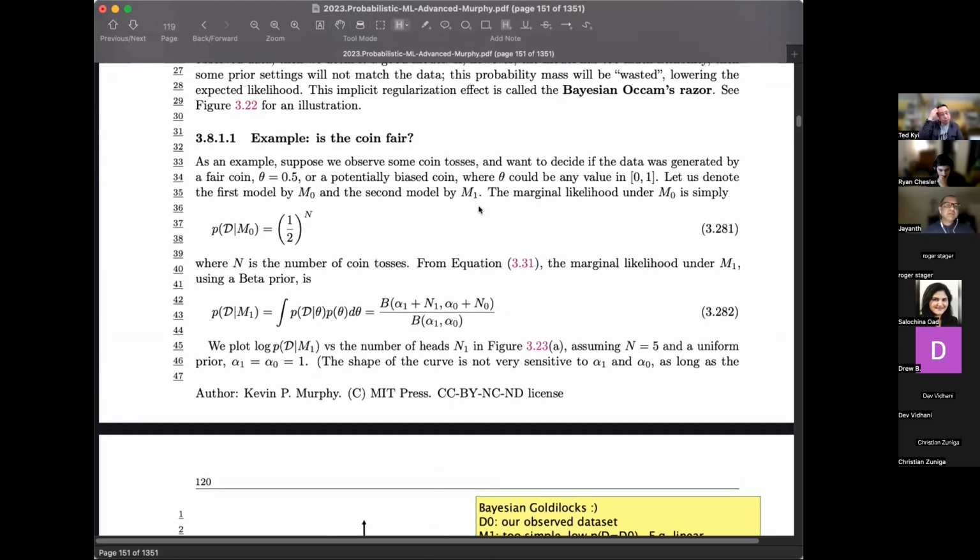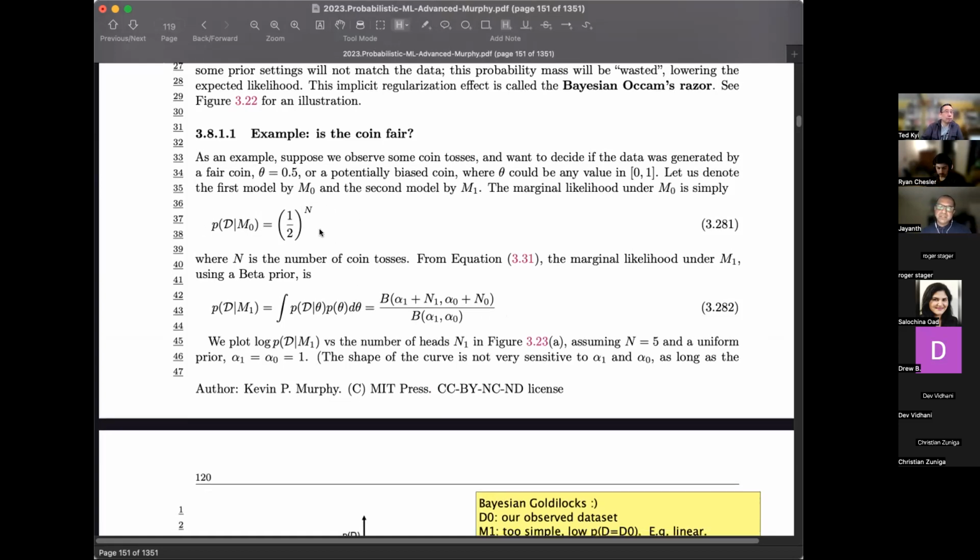So in this example here, we're comparing M0, which assumes an unbiased coin, and M1, which assumes a biased coin. In the unbiased coin, suppose we have n flips, we can see that the probability of the data is half to the power of n. Everybody agree with that?